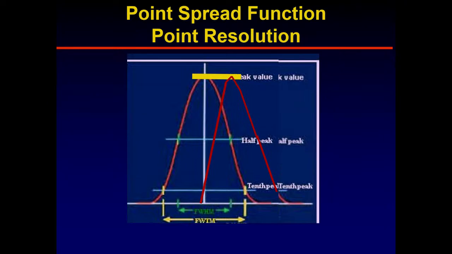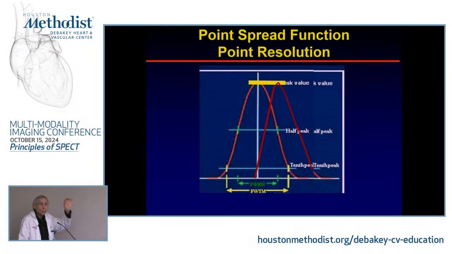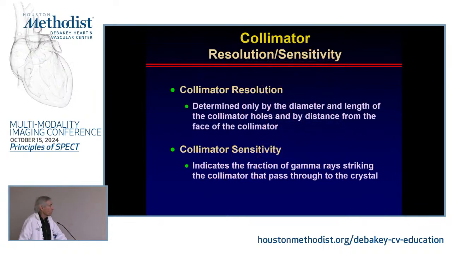So your full width half maximum is a very important concept. Again, if you have two separate points, every single one of them is going to have a point spread function, and to discriminate between those points, they need to fit outside the full width half maximum.